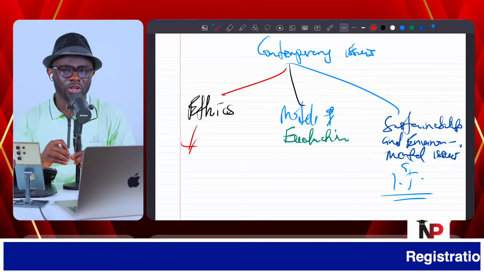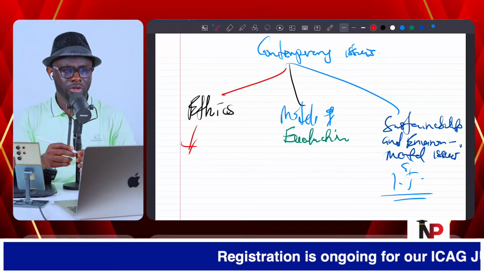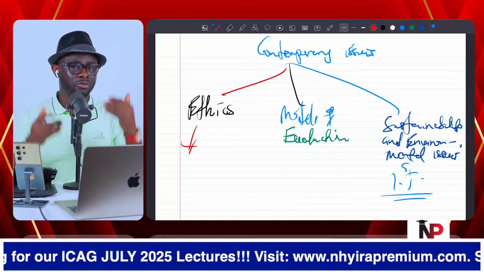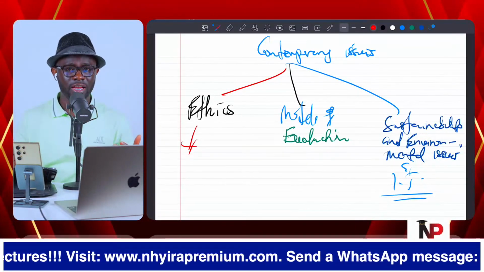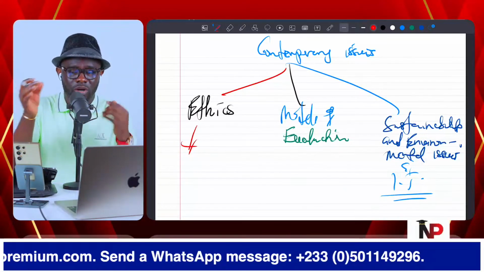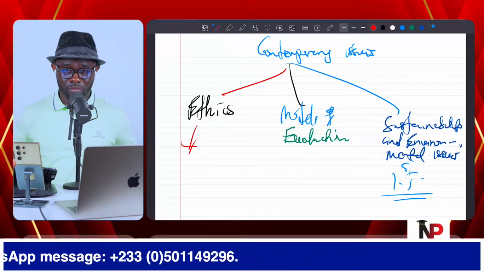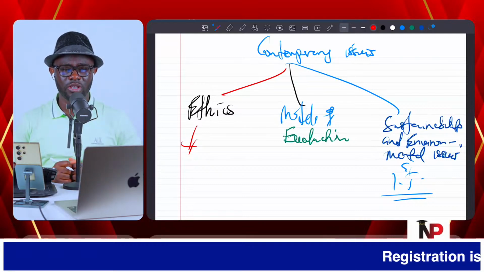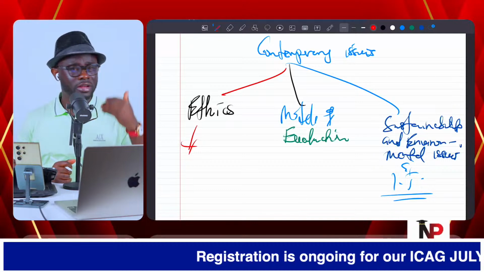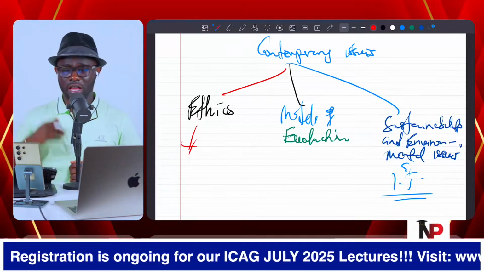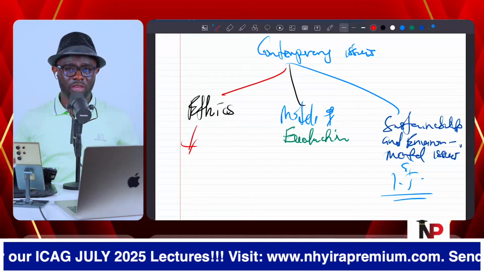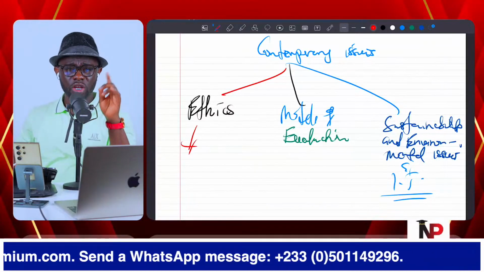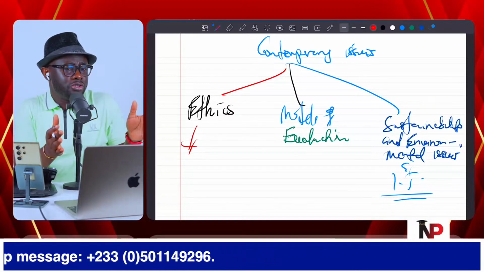So the fundamental code of conduct that management accountants must adhere to: integrity, being honest and straightforward; objectivity, not allowing bias or conflict of interest to impair professional judgment; confidentiality, not disclosing essential information to third parties without a client's permission or the employer's permission; then competence and due care, having the requisite knowledge, experience, and expertise to be able to do the job and carrying the job out in the manner that is expected; then professional behavior, behaving in a manner that is acceptable in order not to bring shame or disgrace to the profession as a whole. So ethical issues, you must know that.